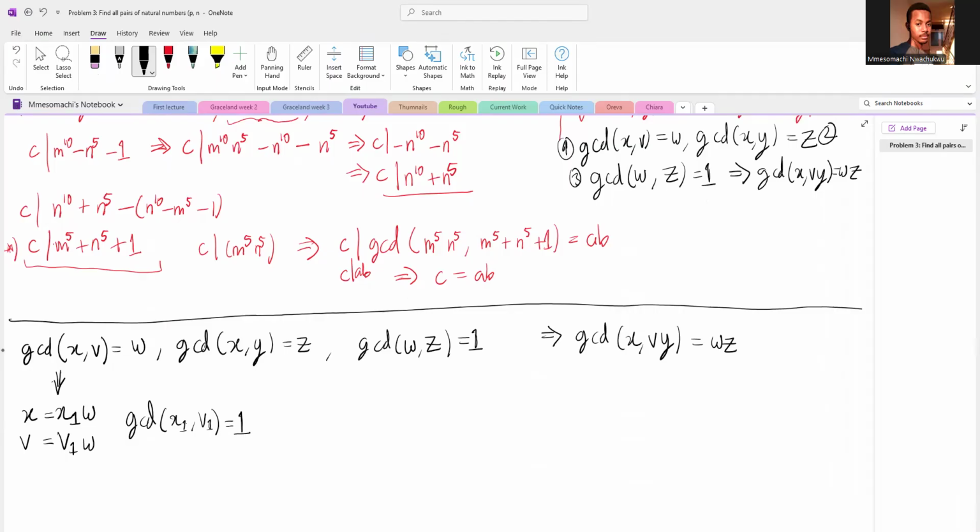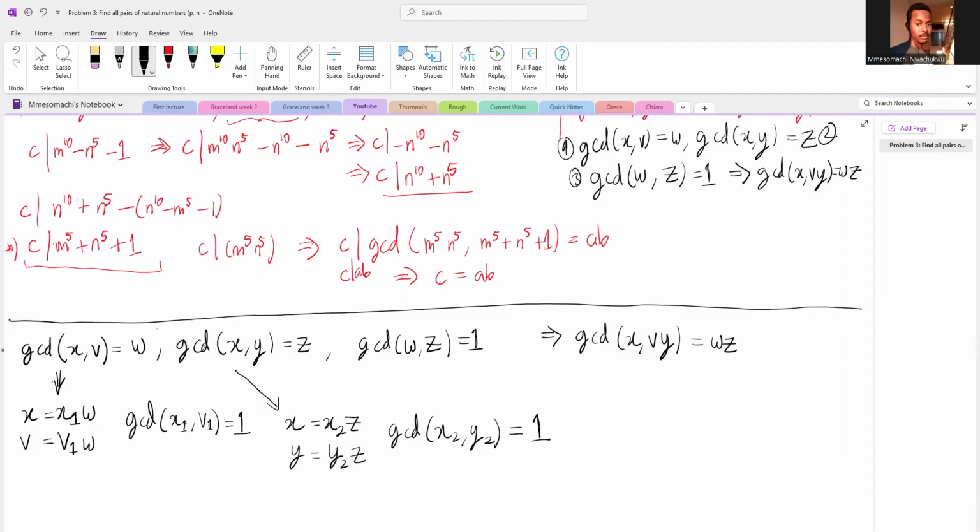Okay. And a similar thing for this one. This implies that we can have X equal to X2 Z, Y equal to Y2 Z, and that the GCD of X2 and Y2 equals 1. Okay.